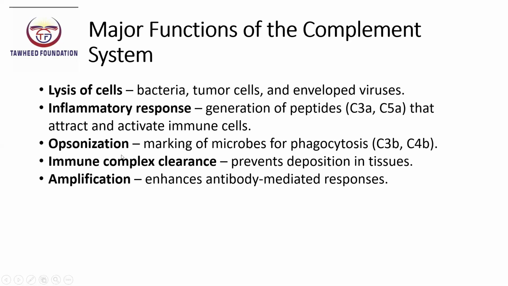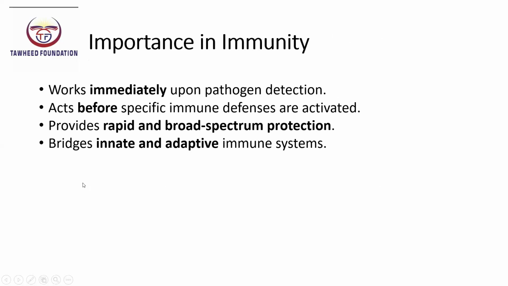Third is opsonization, which is nothing but marking of microbes for phagocytosis, that is C3b and C4b. Fourth is immune complex clearance. It prevents deposition in tissues. And last is amplification. It enhances antibody mediated responses.